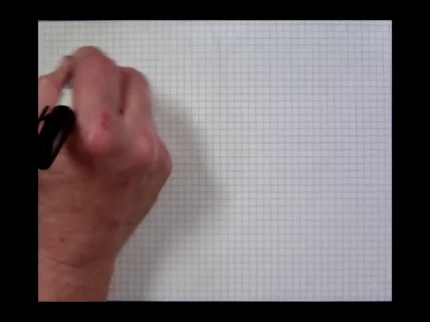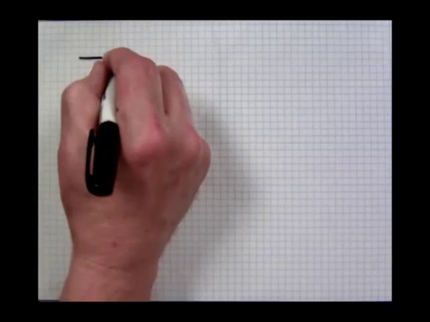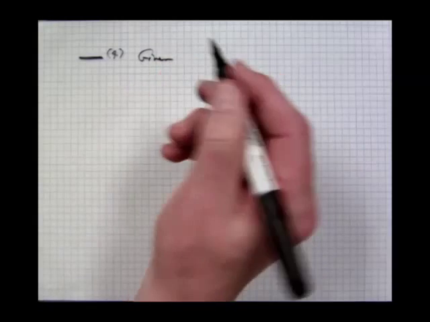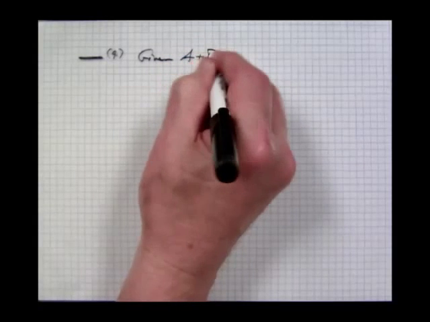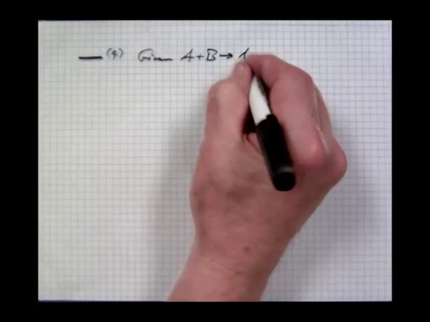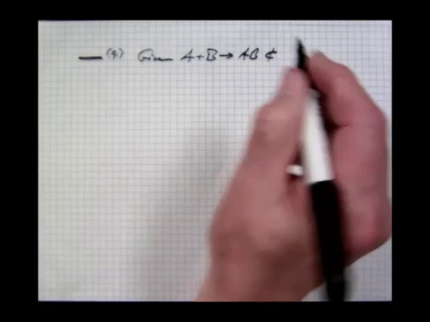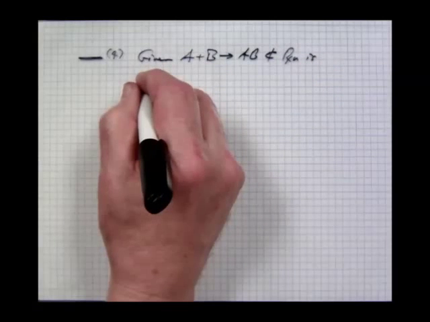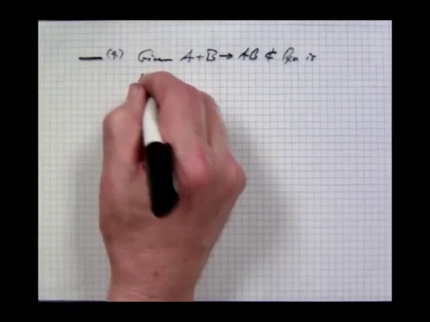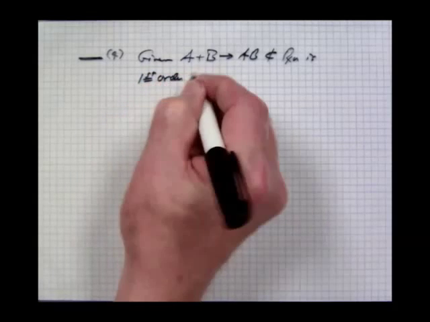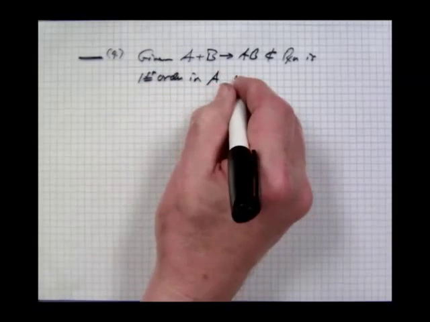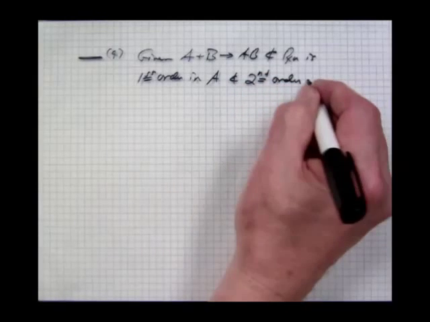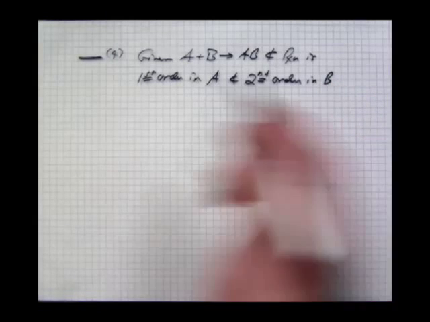So number 4, given A plus B goes to AB, and the reaction is first order in A and second order in B.